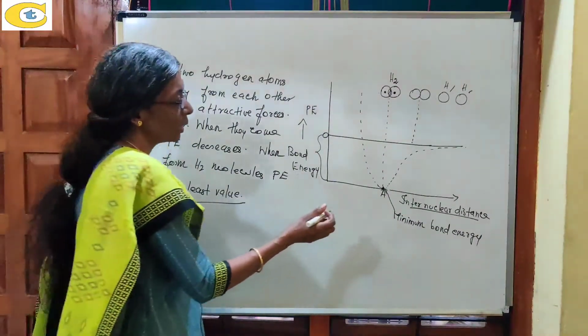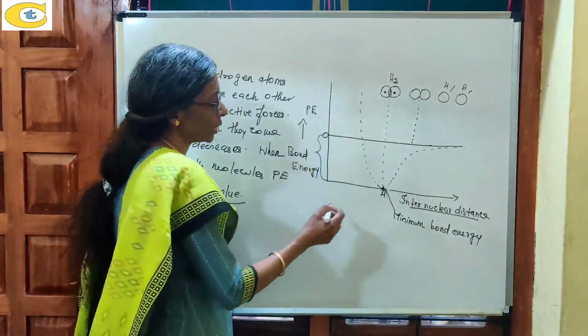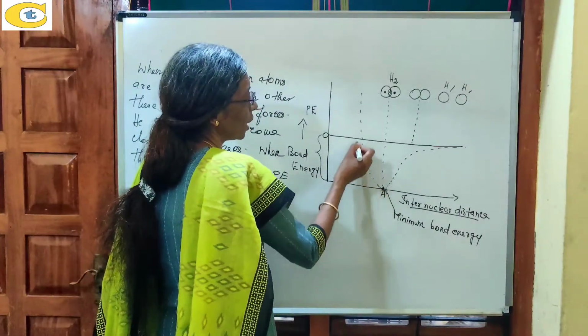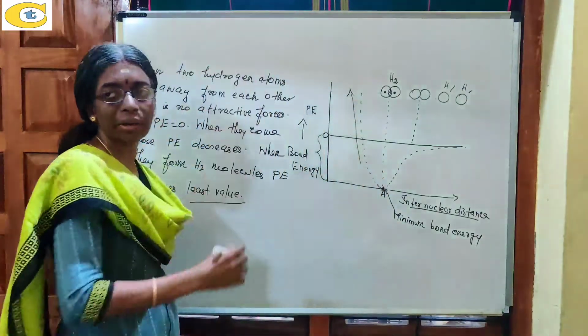Again, if you try to bring the atoms still closer to each other, what happened? There is a drastic change in potential energy. The potential energy, you see, is going up and up. That means it becomes a high value.